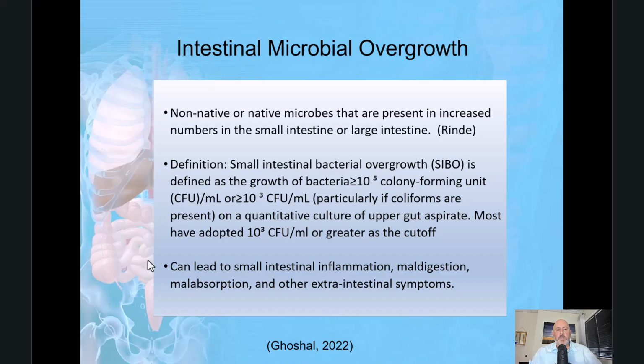That cutoff also has been described as greater than 10 to the fifth colony-forming units per mil. But generally, this is just to give you the idea that the original SIBO diagnoses were made by culture. Since this is not commonly done, there is another alternative to understanding and defining SIBO, and that's through breath testing.